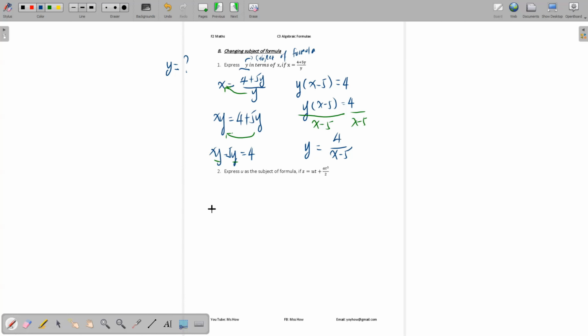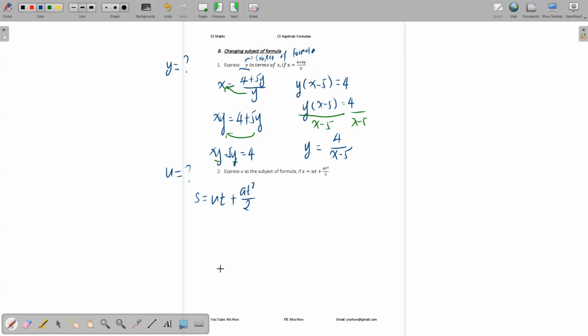Okay, so we will try another question here. Express u as the subject of formula if s equals ut plus at squared over 2. So now we want u equals something. All right, so they give you s equals ut plus at squared over 2.